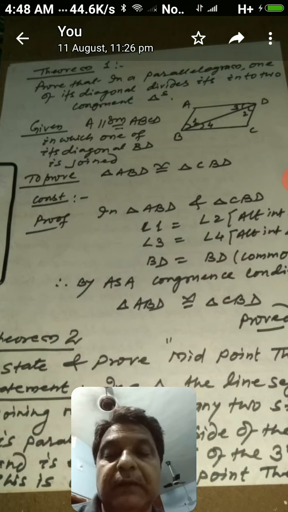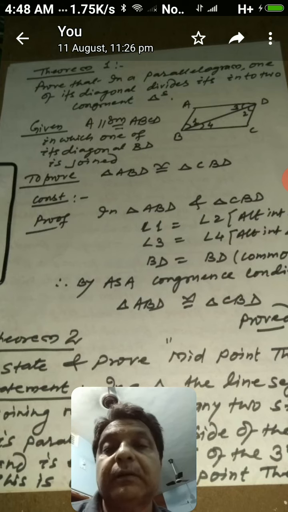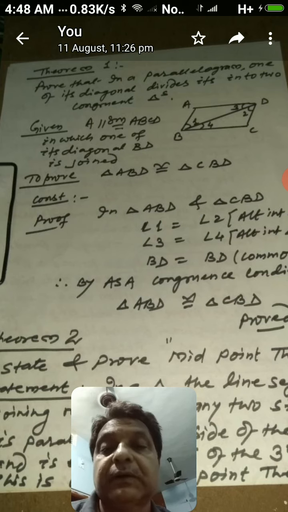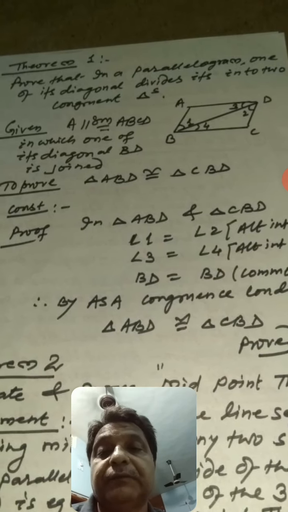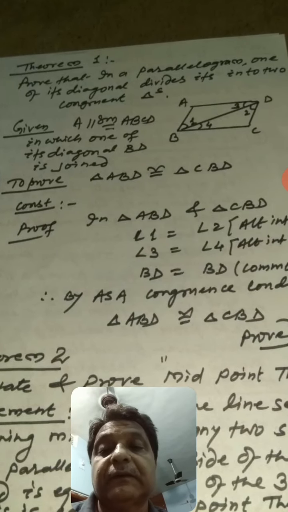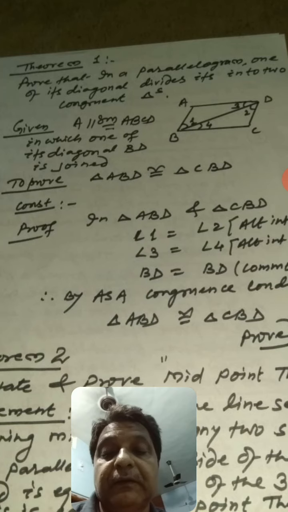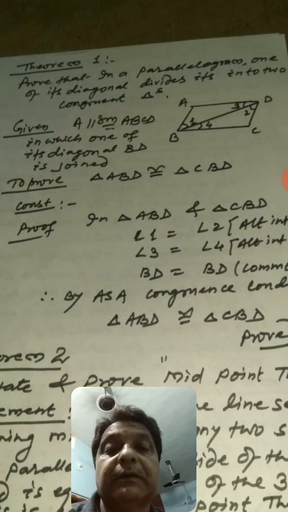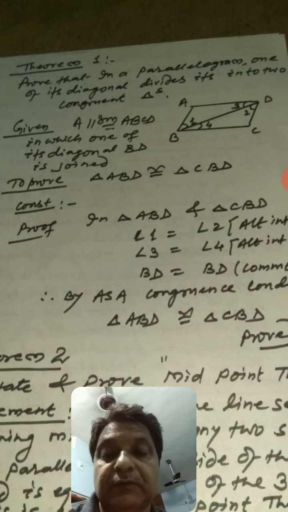One theorem as per our syllabus is: prove that a diagonal of a parallelogram divides it into two congruent triangles. Students, you can view the statement written, and on that basis the given is shown: a parallelogram ABCD whose one diagonal BD has been joined.